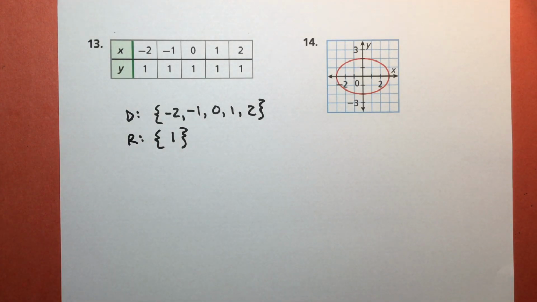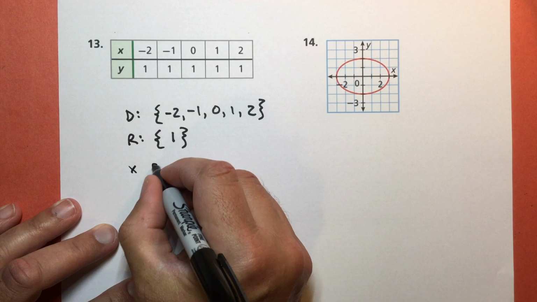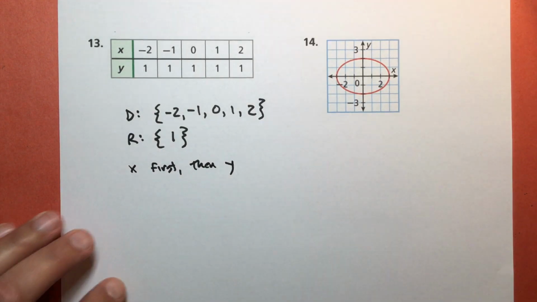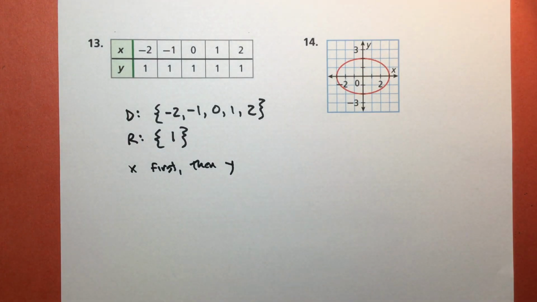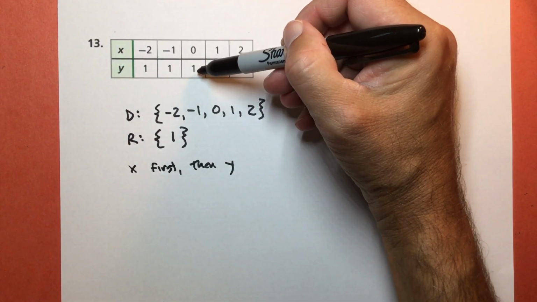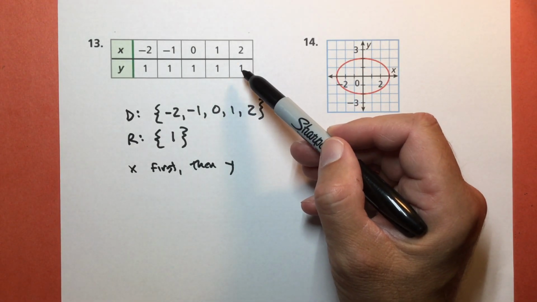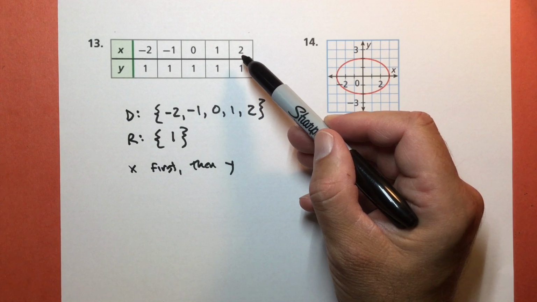Remember, the x is first, then the y. If we were playing this as a game, I'll give you the x value, you tell me the y value that goes with it. If this was a game show, every time you get it right you get money, and if you ever get it wrong, you lose all your money. So if I said 0, you would say 1, and you'd make money. If I said 2, you'd say 1, and you'd make money, because 2 doesn't go anywhere else.